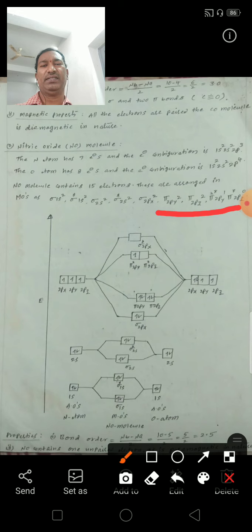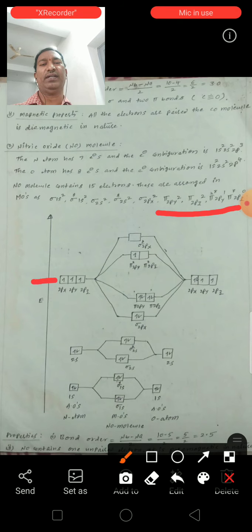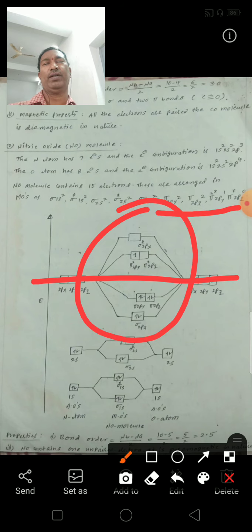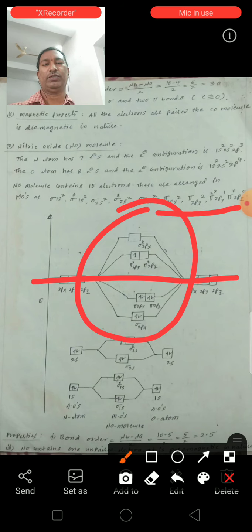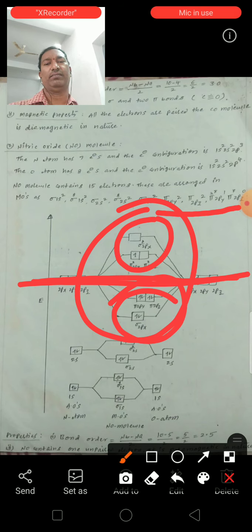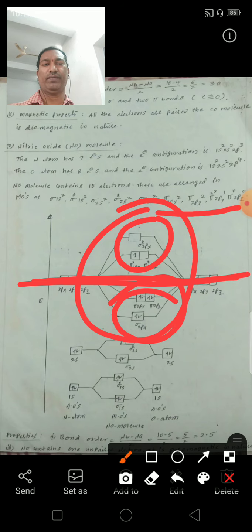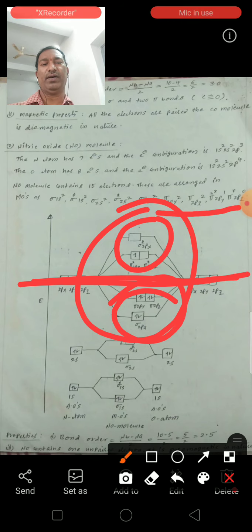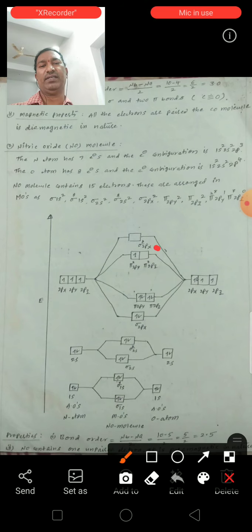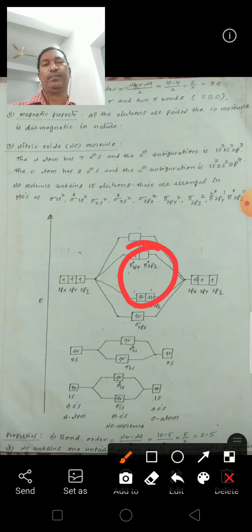So these 15 electrons are filled in the symmetrical molecular orbital diagram, because if we cut here, we get two identical halves. These 15 electrons are arranged in the symmetrical molecular orbital diagram. These total 5 orbitals are arranged side by side.